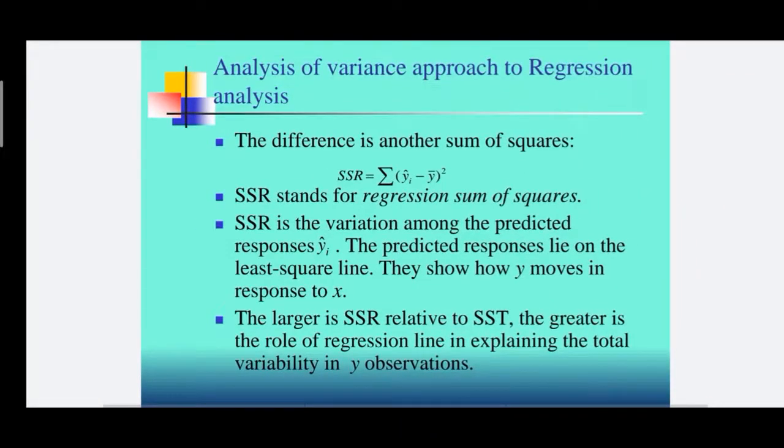And then lastly the formula of SSR, which we already showed just now, which is the summation of y hat minus y bar squared. Another name is called regression sum of squares.